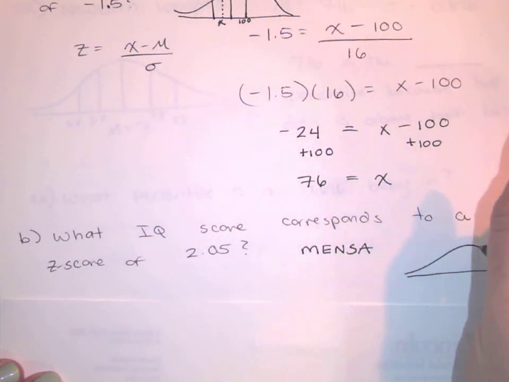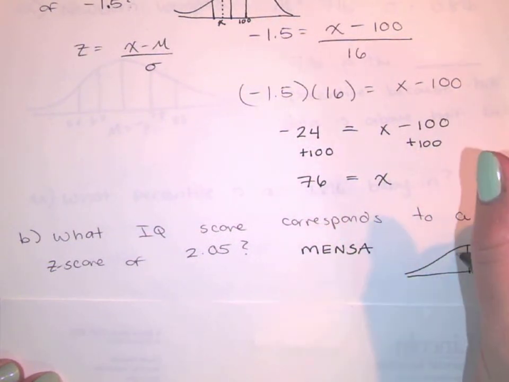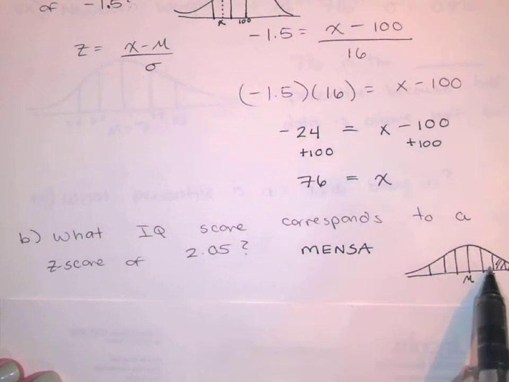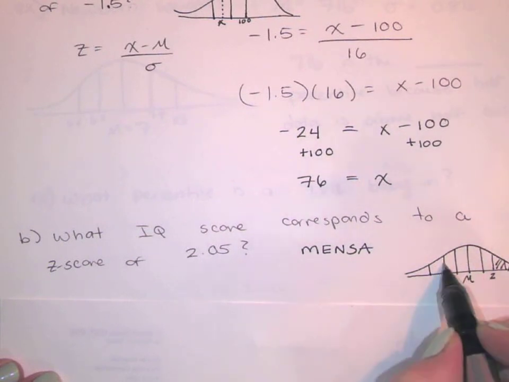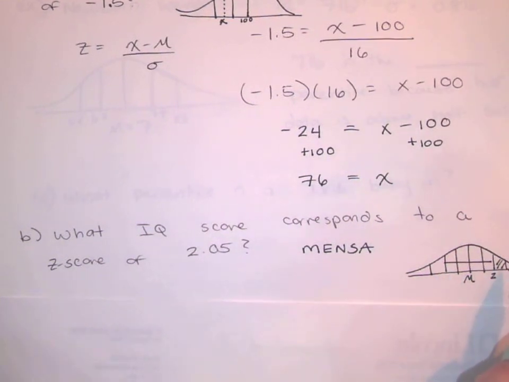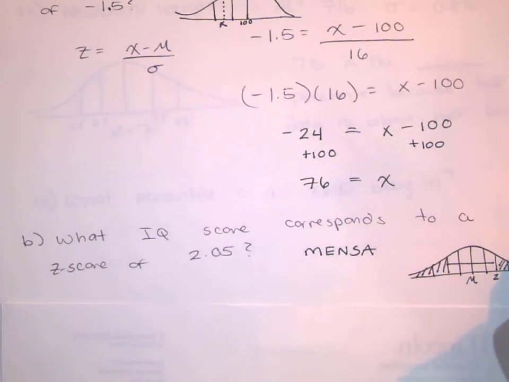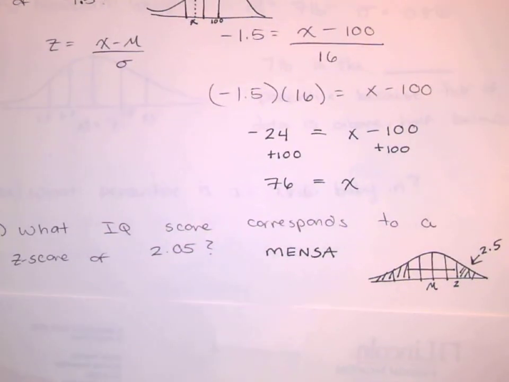And we did this in the video for 2.1, part 1. If this is our mu, and this is 2 standard deviations above, if 95% of people are within 2 standard deviations, that means 5% is in the tails, which means 2.5% of people are in that upper tail.